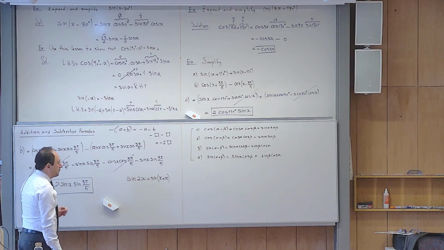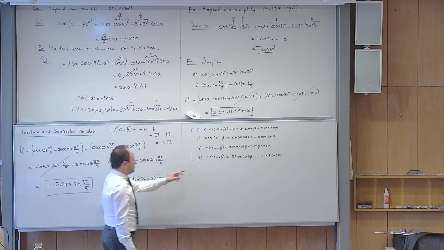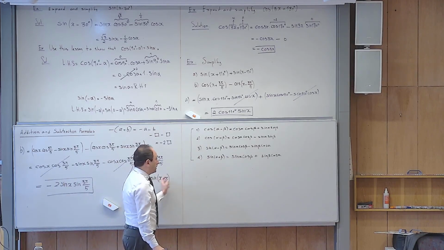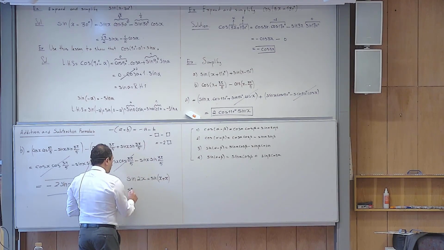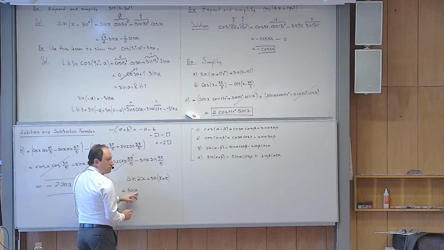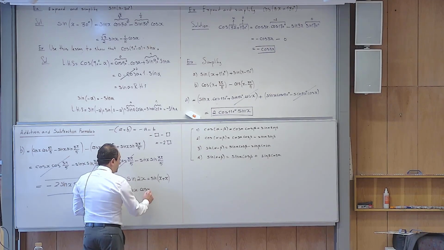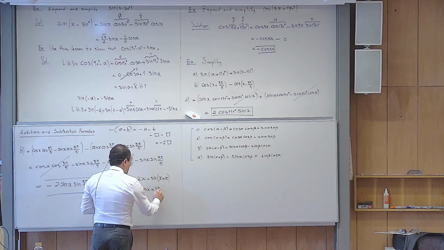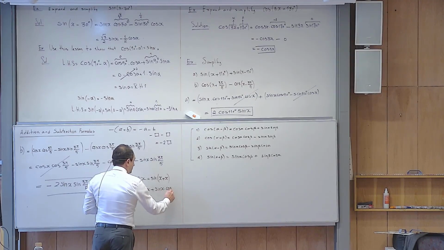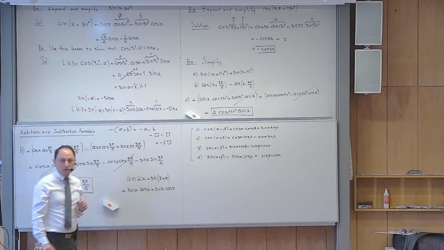Which formula? Number 4. I give the role of alpha to x, and I give the role of beta to x again. So read the formula. It becomes sine of the first one, which is x, cosine of the second one, which is also x in this case, plus the other way around, sine of the second one, cosine of the first one. Do you agree? That's the expansion.